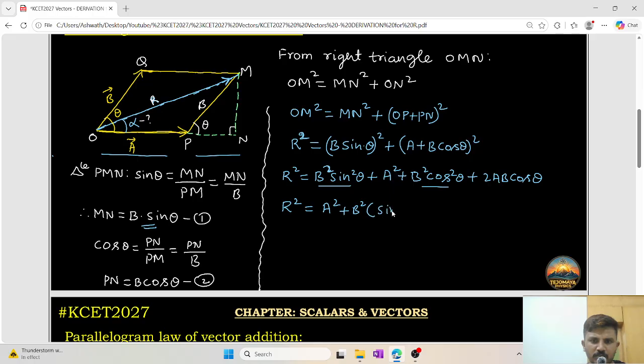So if you take B square common, you will get sin square theta plus cos square theta, plus A square plus 2AB cos theta. So what is the value of sin square theta plus cos square theta? It is 1. Therefore, R square is equal to A square plus B square plus 2AB cos theta.